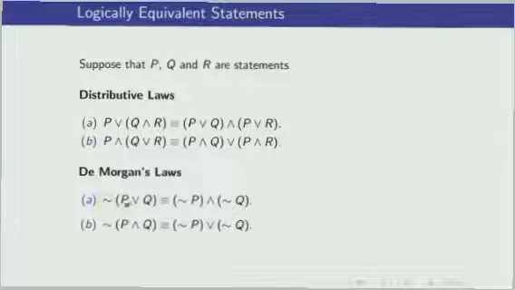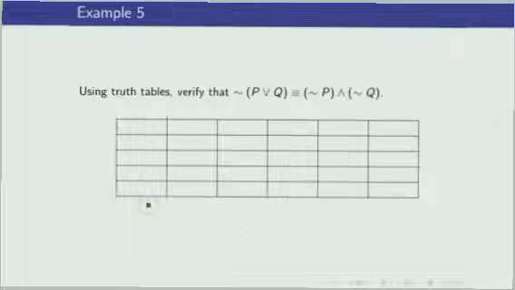How do we negate a disjunction? You distribute the negation, so it becomes not P and not Q. However, you change the or to and. So similarly, if this is and, this becomes or. So remember, do not forget to switch the operation. I will leave it as an exercise for you to verify that De Morgan's law is true.